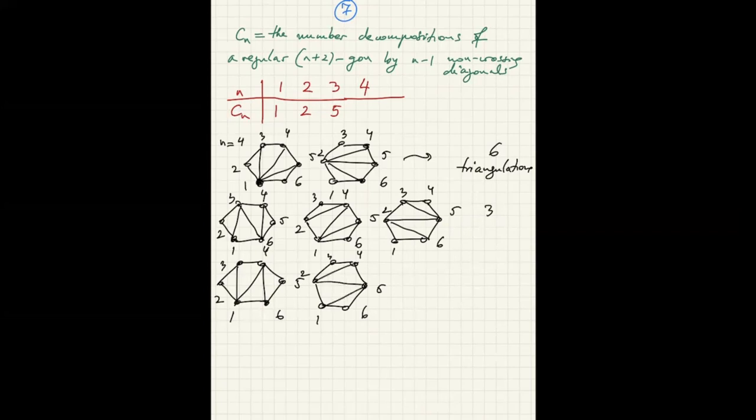This way. And another one goes this way. And again, if you rotate it one more time, you go back to where you started. So we have 3 more triangulations here. So 3 triangulations, 3 triangulations. Are there any others? And there are 2 more.